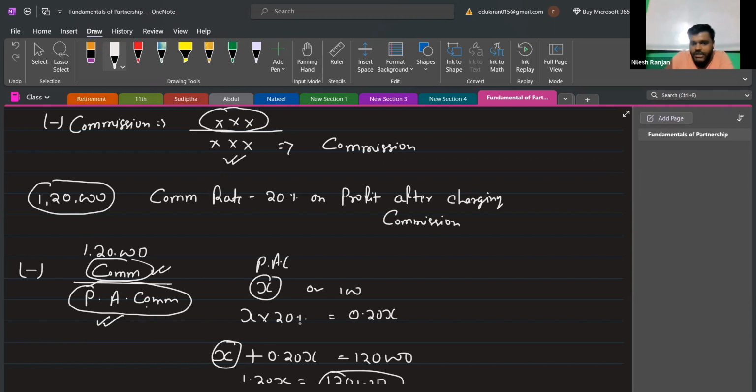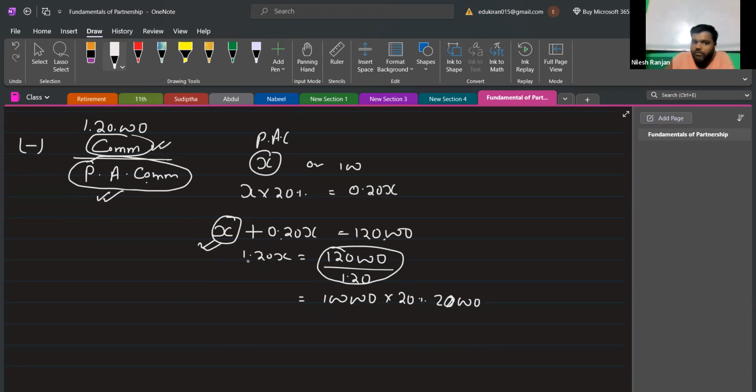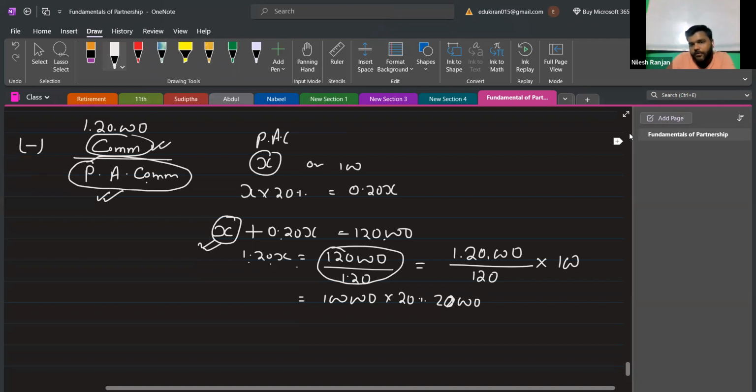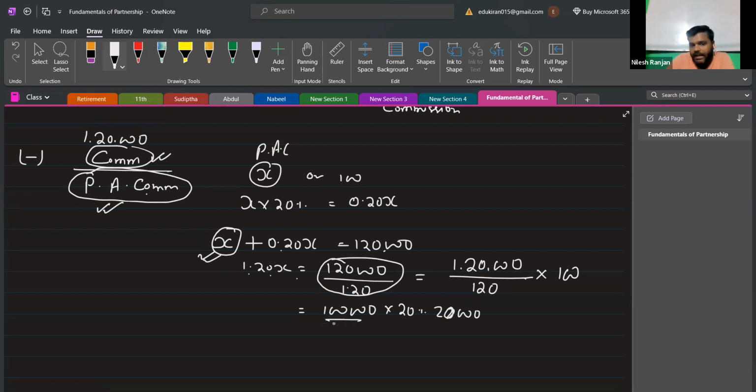So X into 20%, 0.20x, and then profit after commission plus commission equals profit before commission, 1.20x, 1,20,000 divided by 120. If you remove the decimal point, 1,20,000 divided by 120, you will get 100. So this is your formula for calculating profit after charging such commission. You will get 1 lakh, and then 20% on that, so 20,000.